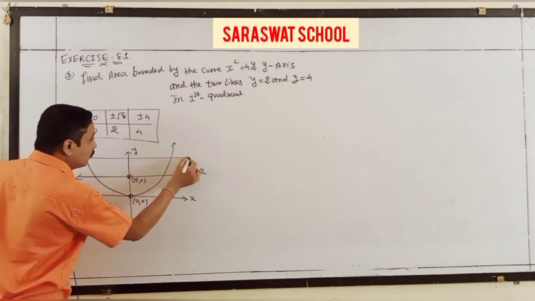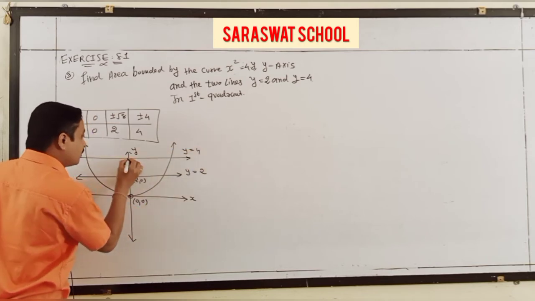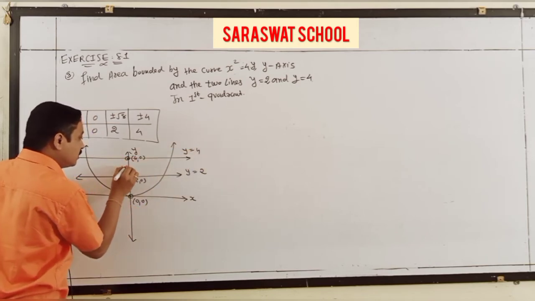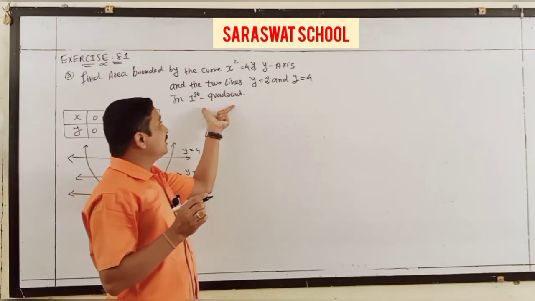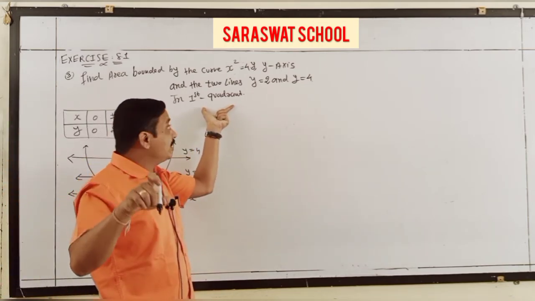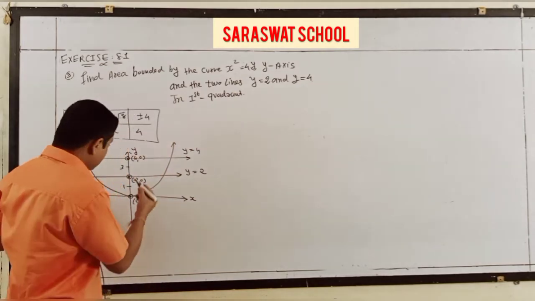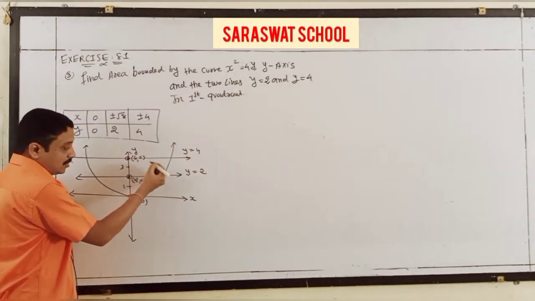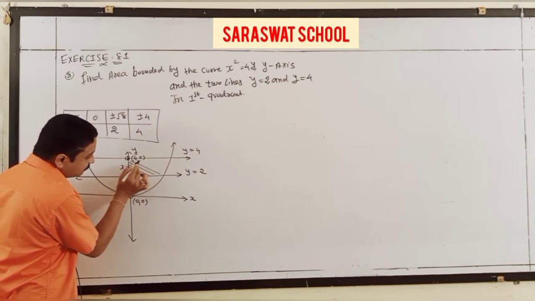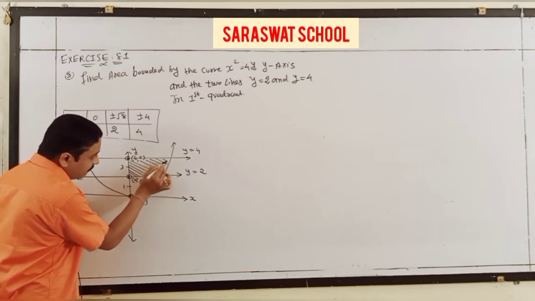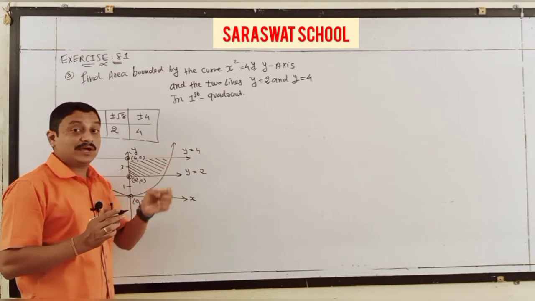Second, y is equal to 4, that point is 0 comma 4. And clearly check, it is in the first quadrant with the y-axis. This is your y-axis, this is your first quadrant, which means only this area I will define between y equal to 2 and y equal to 4.